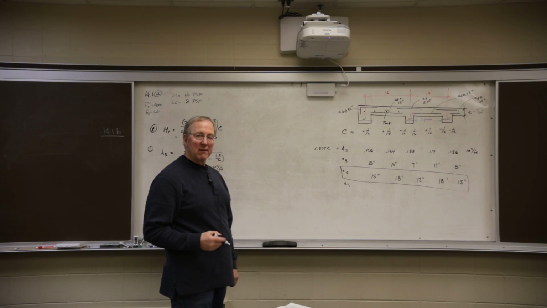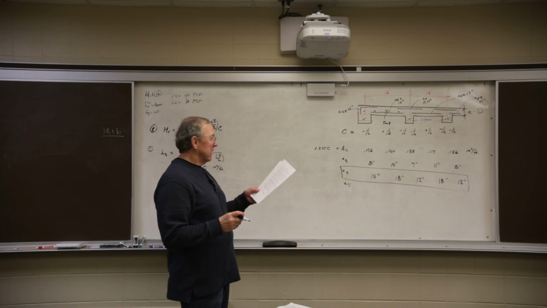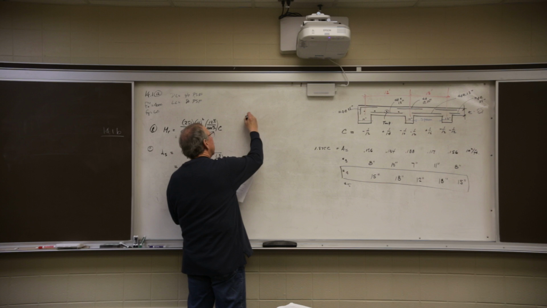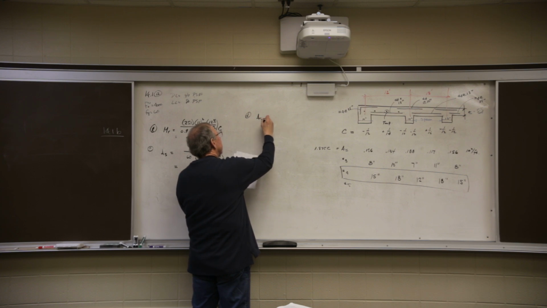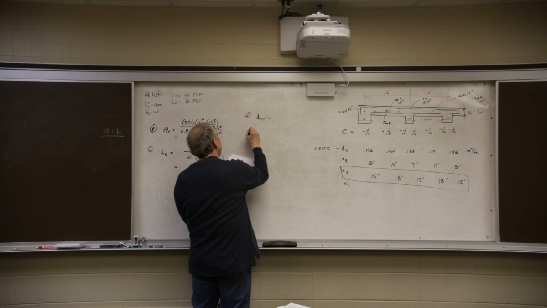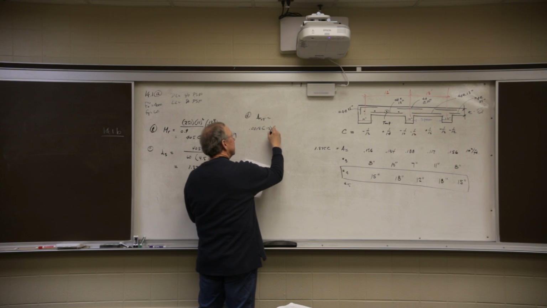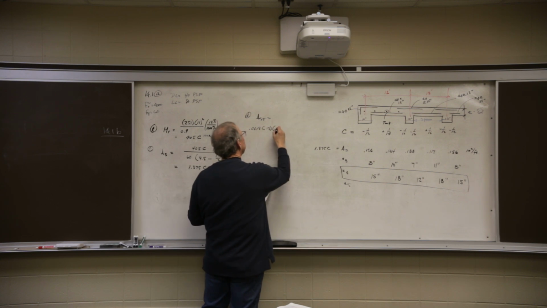What's left? One little thing. Letter T. Area of steel temperature. Grade 60 bar, that's what we've got. B is always 12. T is 5.5.